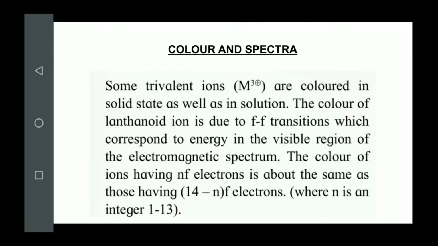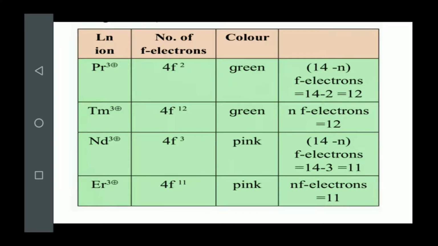Okay, let's see some examples. Promethium, all are lanthanoid ions. Promethium plus 3 ion. The number of electrons left in the f orbital in case of promethium is 4f2. So your n here is 2. And the color of promethium is green.